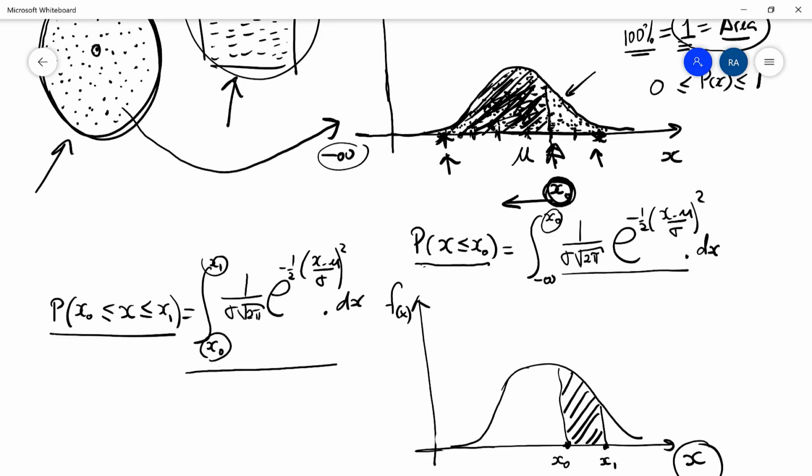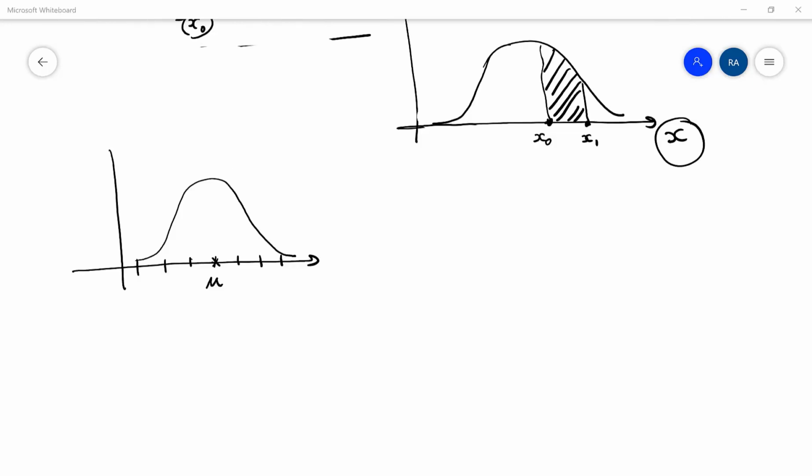Because this operation is a little complicated, they do the following procedure to compute probability of a normal distribution. Since the shape of the normal distribution depends on where the center mu is located and the standard deviation sigma, which is this distance, then this shape could have different forms.